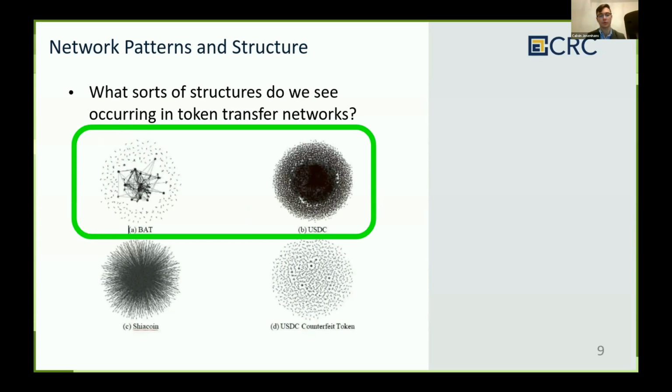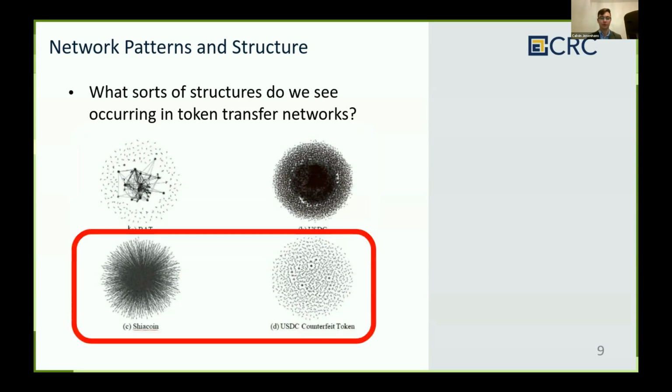Both of these, though BAT is much smaller, have a similar pattern of a really big connected central component and smaller external behavior from that. So there is activity centralized around a bunch of decentralized exchanges it's trading in or applications it's used in. But outside of that, the token is still being sent from user to user, and other things are happening with it, which heuristically is something you would expect from a legitimate token.